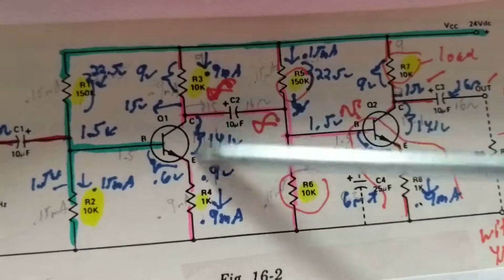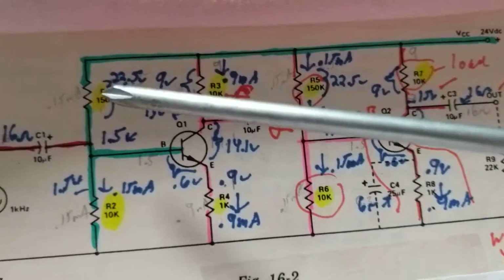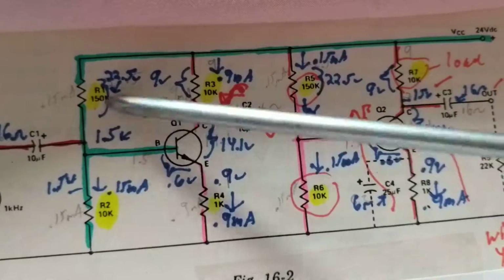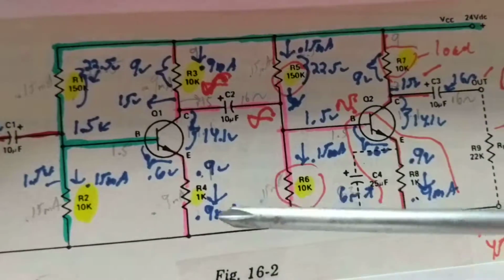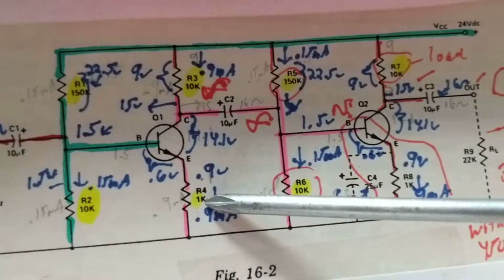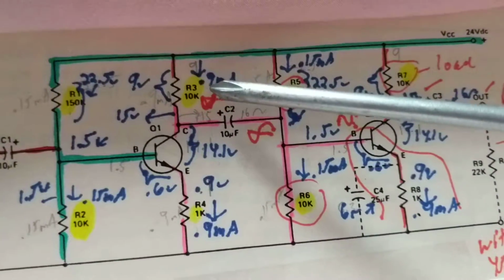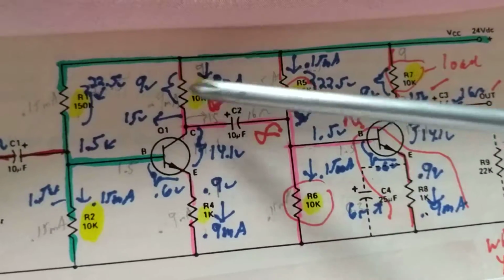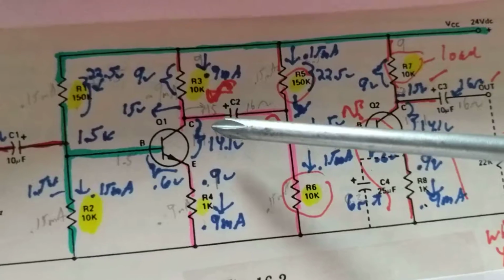Why? Because the current is the same, we just said. That's why I said you can eyeball this and approximate. Once you know the ratio, I know these two are the same current. This is 10 times more than this, so by common sense, if this is 0.9 volts, I know right away, boom, this must be 9 volts. That's the beauty of electronics.